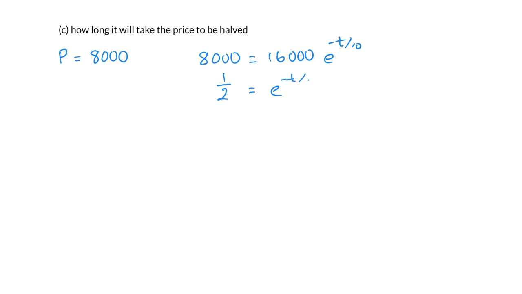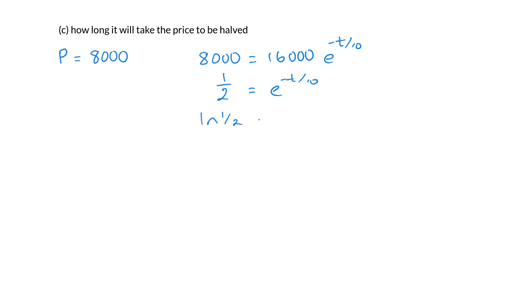And part C then, calculate how long it will take for the price to be halved. We found out in part A that the price started at 16,000. So we want the price now to go to 8,000. So 8,000 equals 16,000 e to the minus t over 10. Bring the 16,000 across and divide, we get a half. Take logs of both sides.